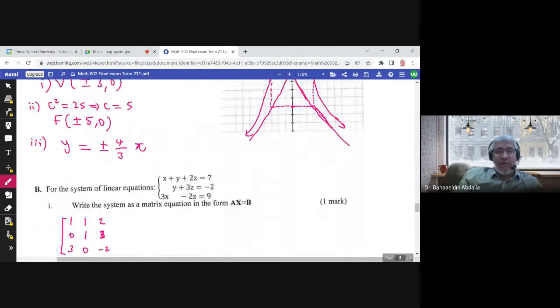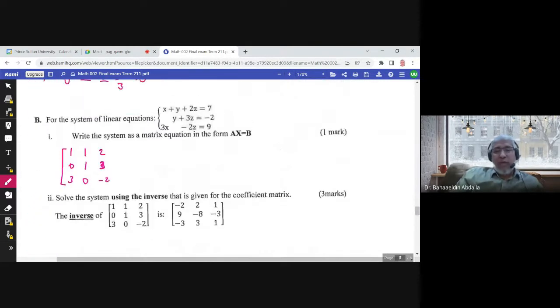All right. This is A multiplied by X, which is x, y, z, the matrix of unknowns, equals B, the constant matrix 7, negative 2, and 9.